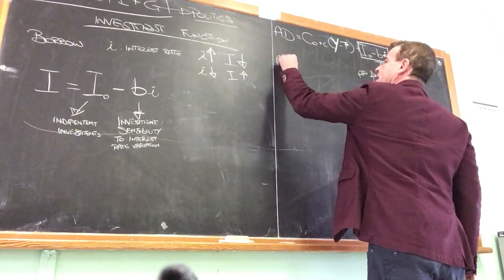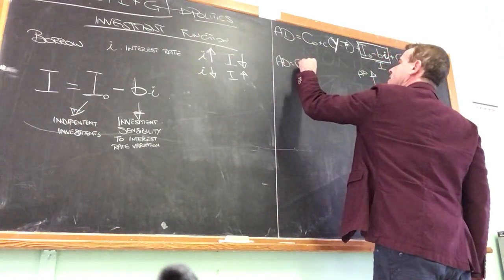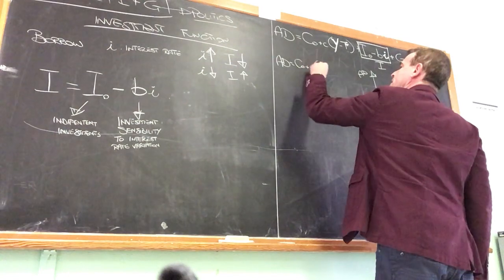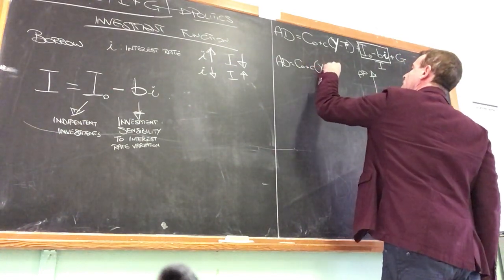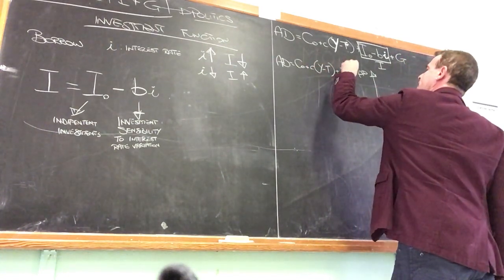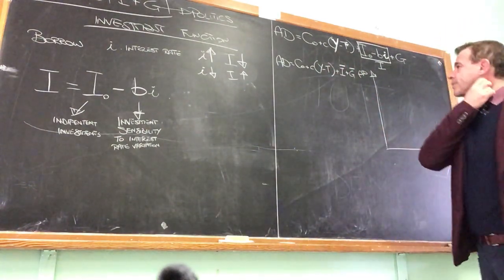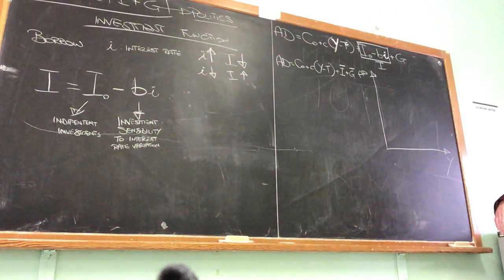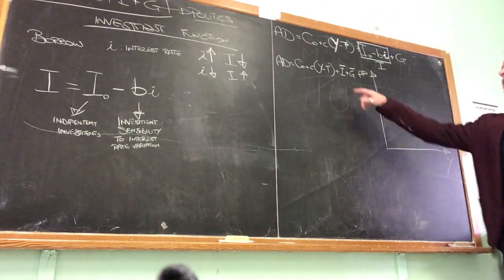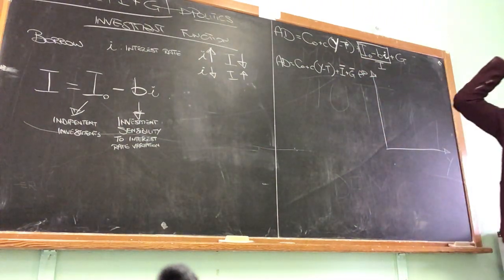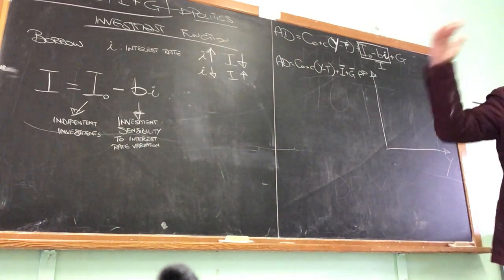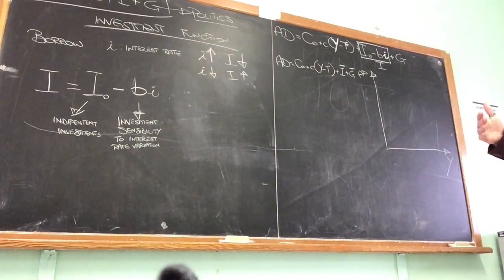This function is then going to be C0 plus little c times (y minus t) plus I plus G. Okay? So I and G have this on their heads, meaning that they are fixed values, right?